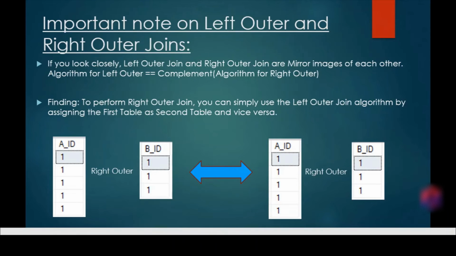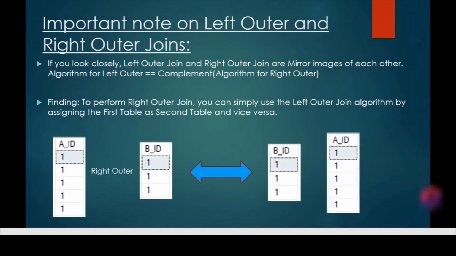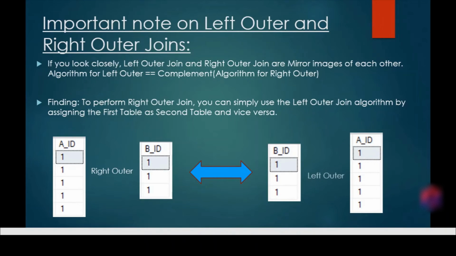So let's see exactly what I'm trying to say here. You can see in this image AID and BID are being compared, and you can see we have right outer here. So if I am saying that there is a table A and a B which are being compared on AID and BID, and I'm doing a right outer, this is exactly the same if I swap B, I swap A, and I perform a left outer join.